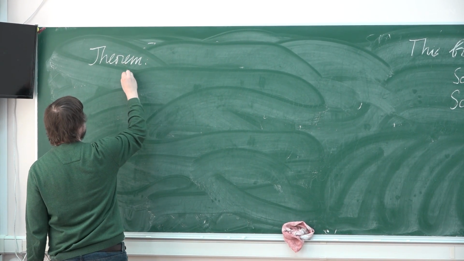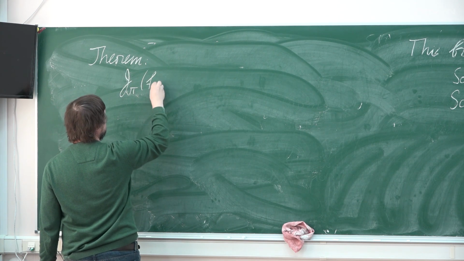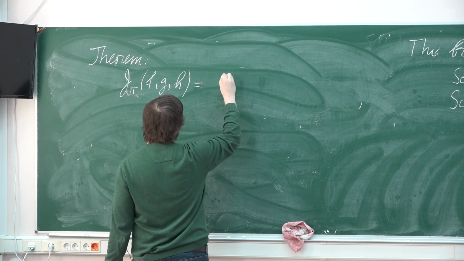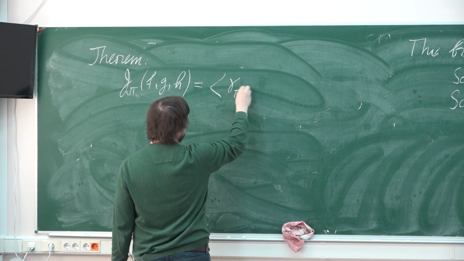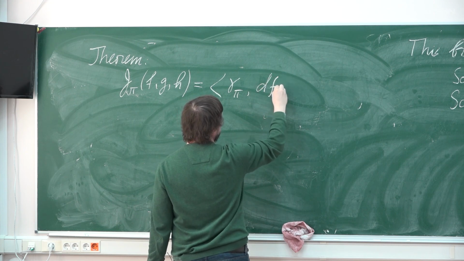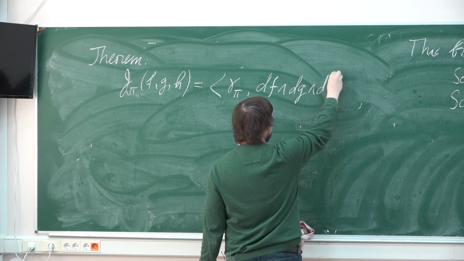Let J sub pi (f, g, h) be the Jacobiator, and as I told you, it is equal to some trivector field paired with df wedge dg wedge dh.